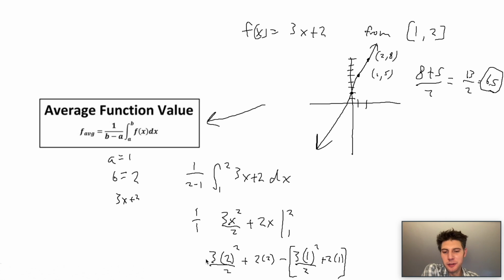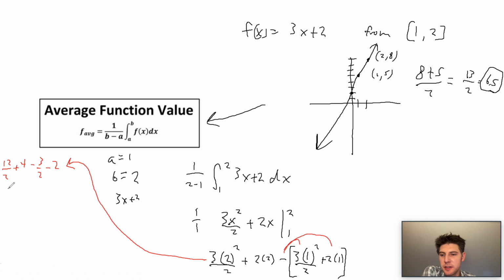It's got a little messy, but I think I have more room up here. So 3 times 4 divided by 2, so we'll just call this 12 over 2, plus 4 minus 3 over 2 minus 2. And that's because the negative distributed.